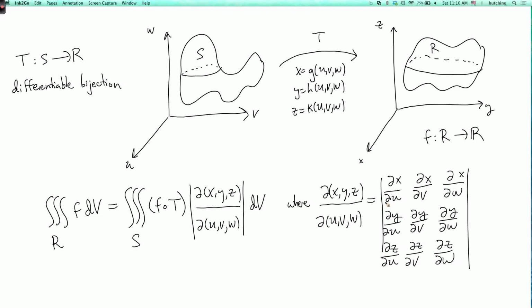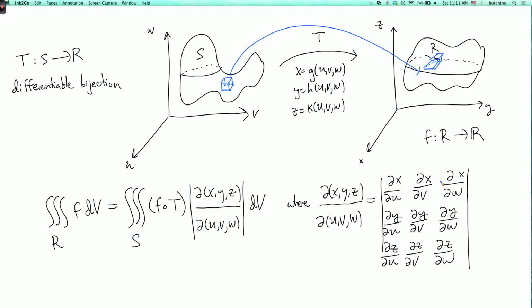And in this case, if you take a little rectangular box in the region S, then this gets mapped to something which is approximately a parallelepiped in R. And the edge vectors of that parallelepiped correspond to the columns of this matrix, multiplied by delta u, delta v, and delta w.